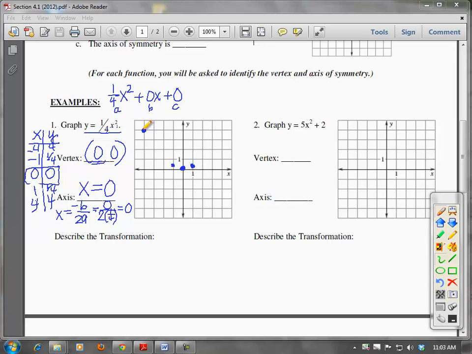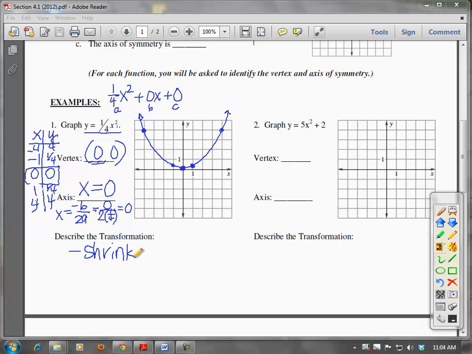(-4, 4), (4, 4), and I connect my parabola in a curved manner, and what you will see is that it's kind of opened up. It's wider. This transformation is what we call a shrink.